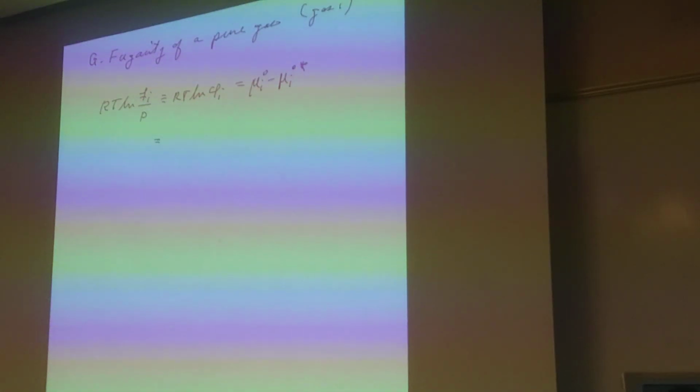I'll go back to the notation, putting this back in terms of G's. So we might recognize what that is. That is the departure of the molar Gibbs free energy. So molar departure, here delta G.